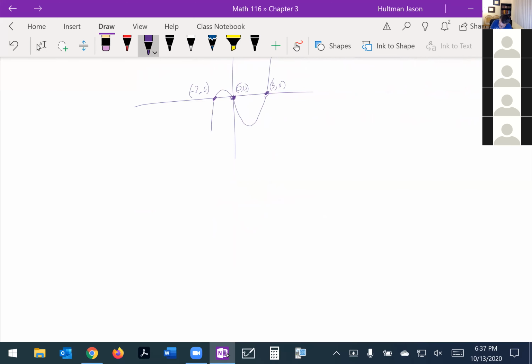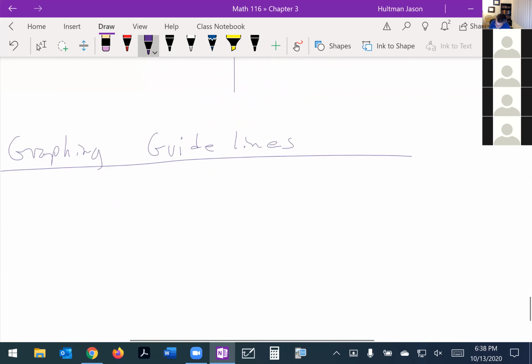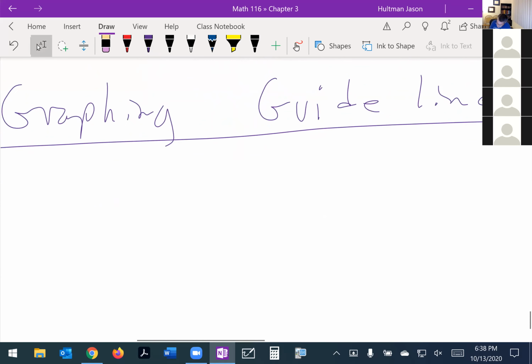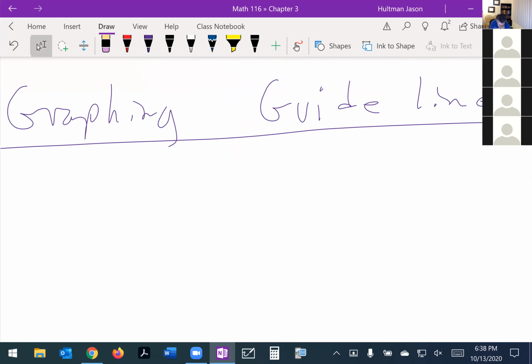So, guidelines for graphing. Okay, we'll call these graphing guidelines. How do we graph with our guidelines? Okay, so A, we want to look for critical values.